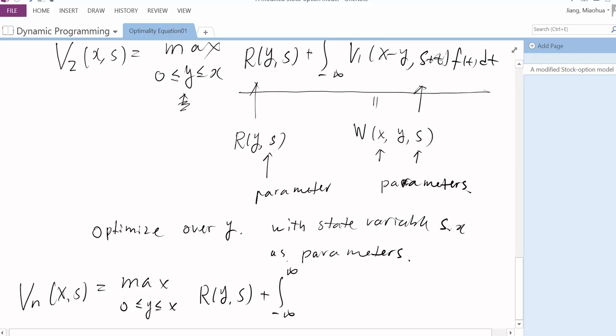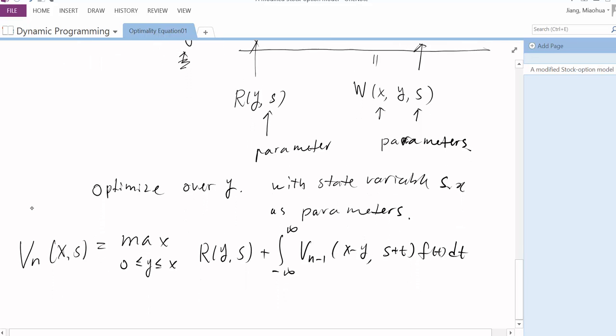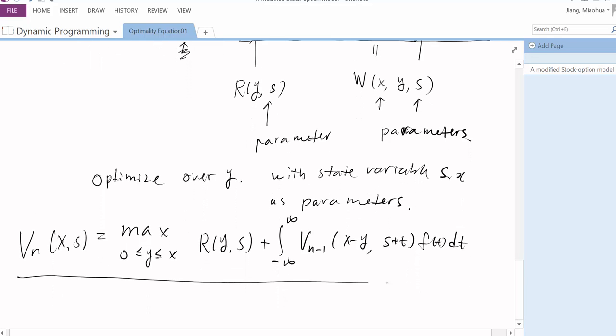And the expected value of the optimal future profit is V(n minus 1) of X minus Y, how many shares left for the future, and the change to the stock price tomorrow with a density function that we are given or we know somehow. And this is called the optimality equation, or the Bellman equation.